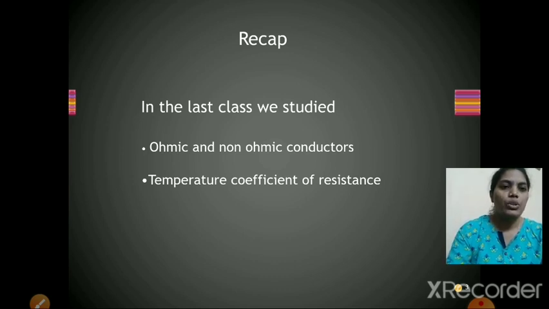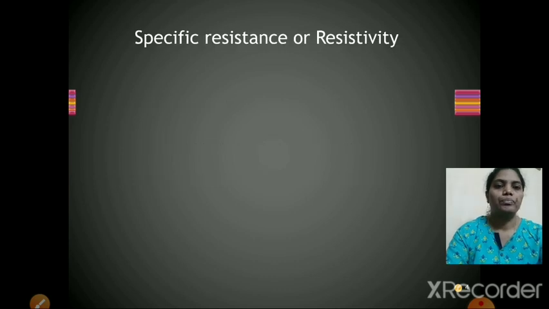Temperature coefficient of resistance is that the resistance of the material depends on the temperature. Depending upon this dependence, this coefficient is of two types, positive and negative. For metals or conductors, it is positive, and for semiconductors and insulators, it is negative.